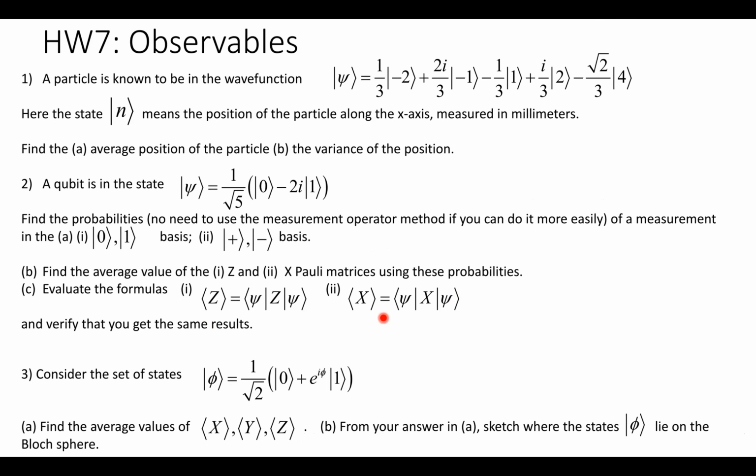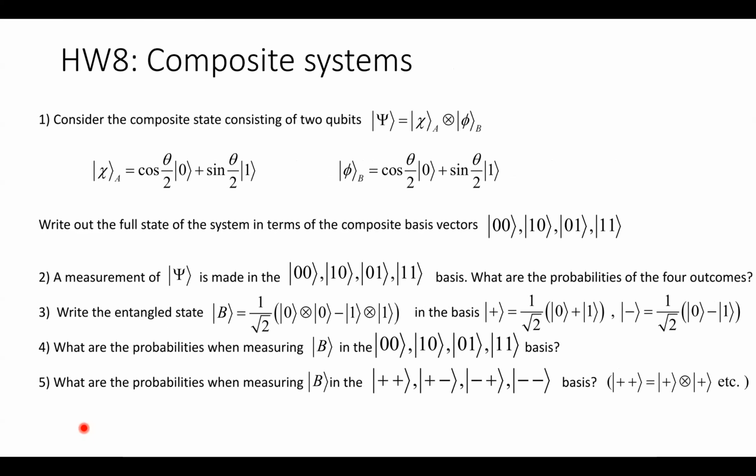And then here's a similar kind of question to the midterm: sketching the states on the Bloch sphere. I think we did something on the Bloch sphere in one of the lectures.